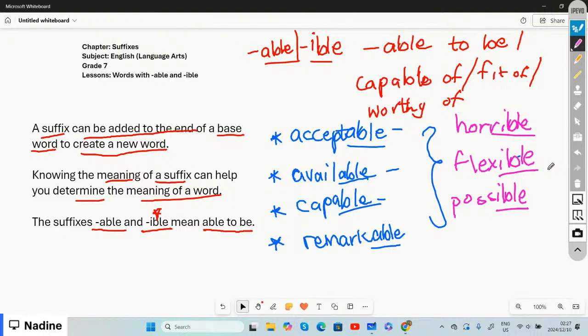Even flexible, if you look at the word flexible, flexible and available are kind of similar, because available, I avail myself.